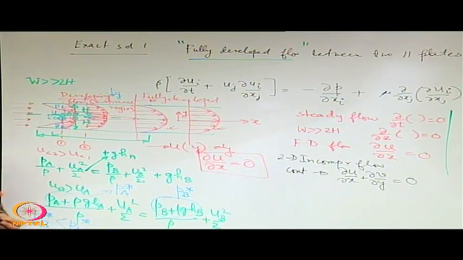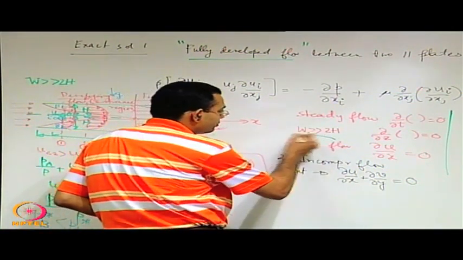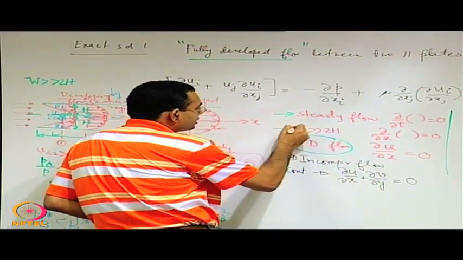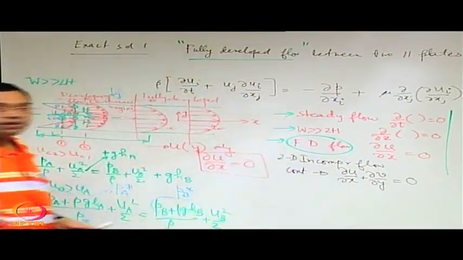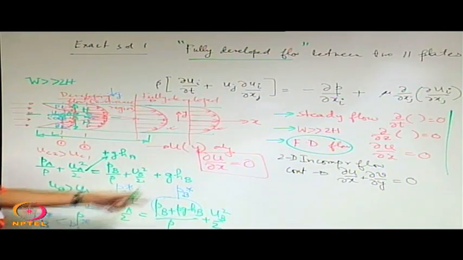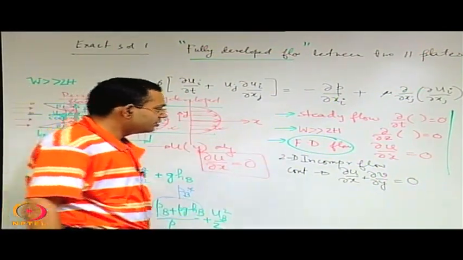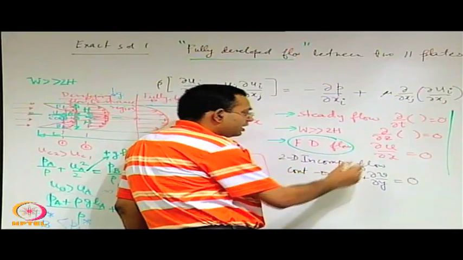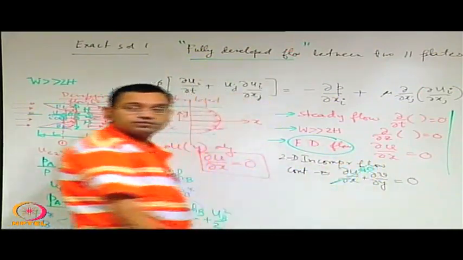Okay. Now, you consider the assumptions one after the other, come to fully developed flow. See, these are the important assumptions that we are going to follow for the problem that we are considering. So, when you have fully developed flow, then clearly this term will become 0.